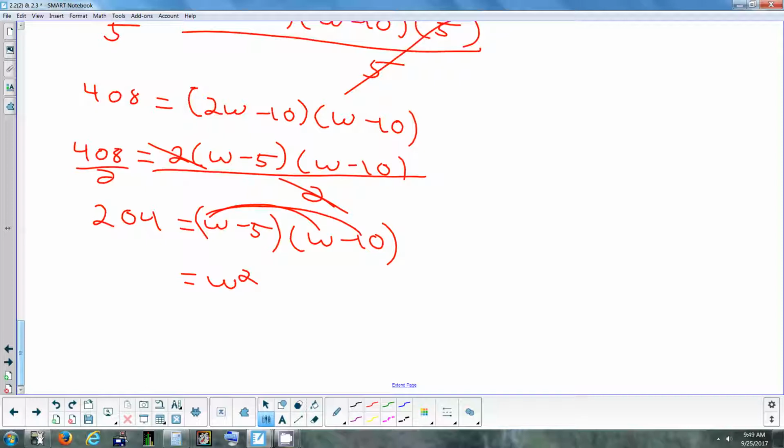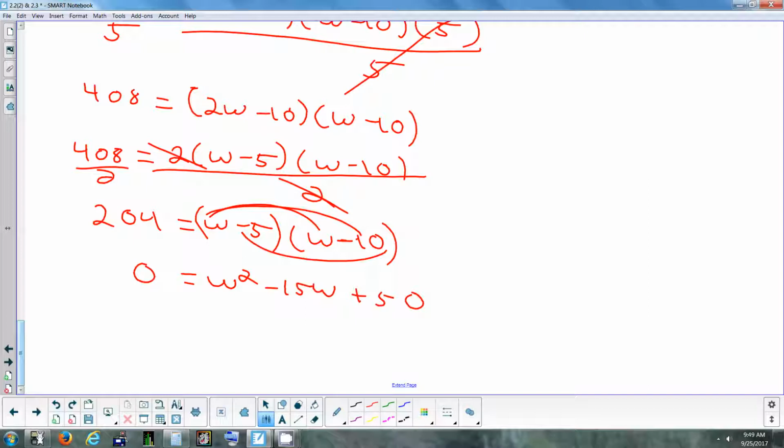W times negative 10. Minus 5W. Negative 15W, and negative 5 times negative 10 is plus 50.